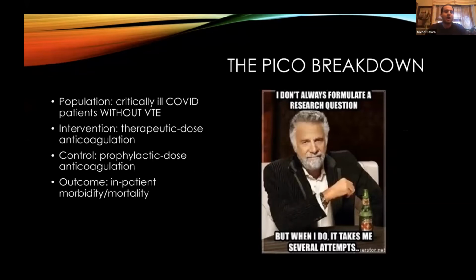So if you think about the arm of the UpToDate algorithm, we're really focusing in on that area I had circled. The intervention is giving therapeutic dose anticoagulation versus a control of prophylactic dose anticoagulation. And the outcome that I was hoping to really get an idea of would obviously be inpatient morbidity and mortality.